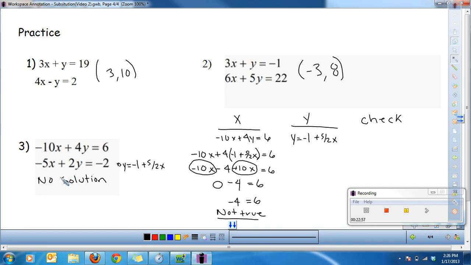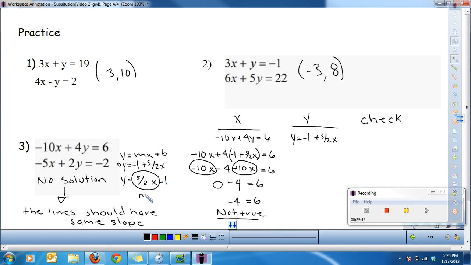If the answer is no solution, the lines should have the same slope. So, if I'm looking at this equation and I rearrange it into proper y equals mx plus b form, I would see that my equation is really 5 over 2x minus 1, and that my slope is 5 over 2.